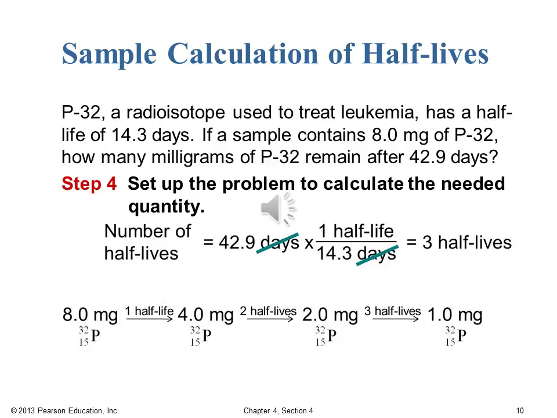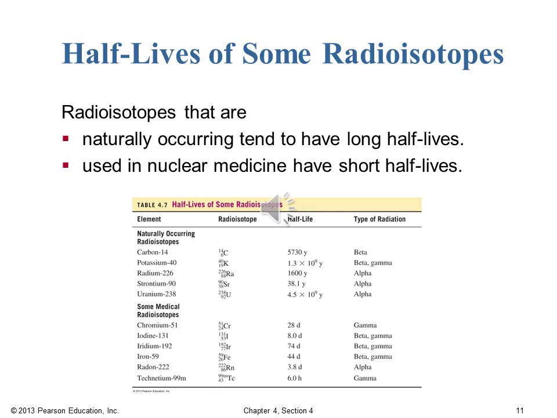So we're down to 2 sig figs now because of the 8.0 milligrams of phosphorus 32 to start, which goes down to 4.0 milligrams after 1 half-life. And then another half-life brings us down to 2.0 milligrams. And then finally, after that 3rd half-life, we're down to 1.0 milligrams of phosphorus 32.